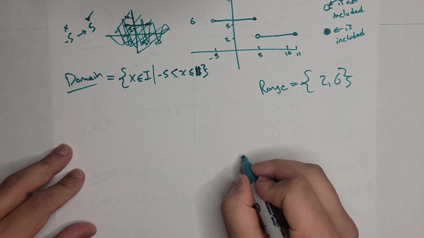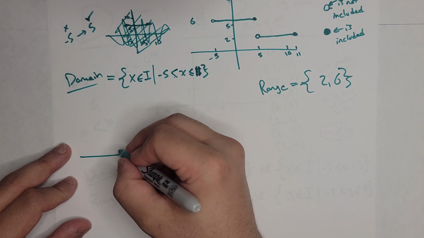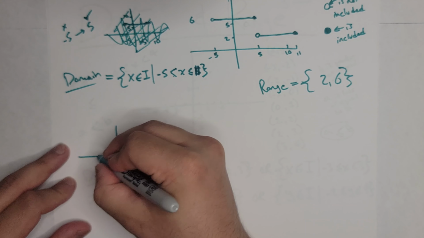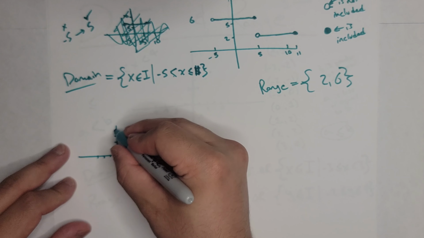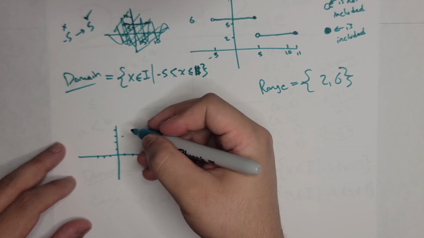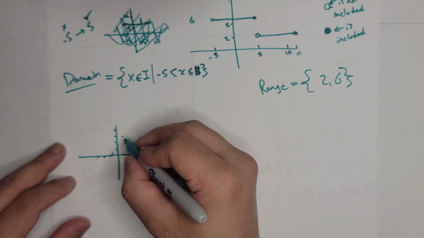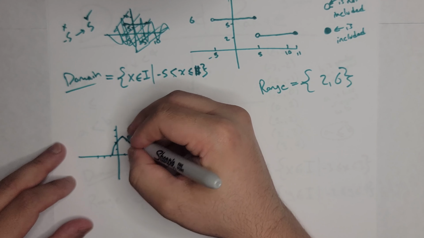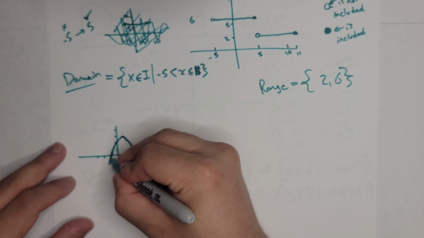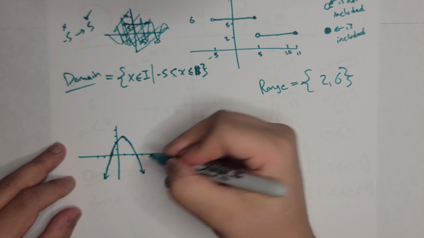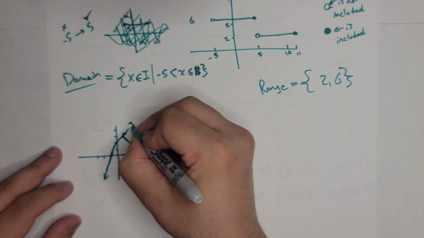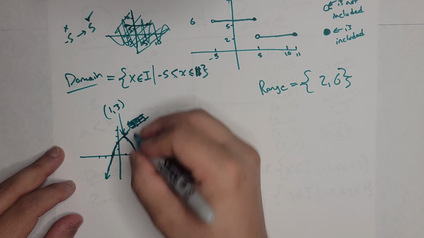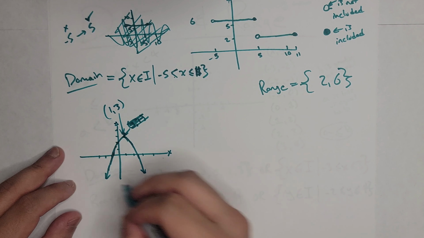So let's say we have, let's say at 1, 3, a parabola that opens up. Sorry, it is 1, 3, x and y.